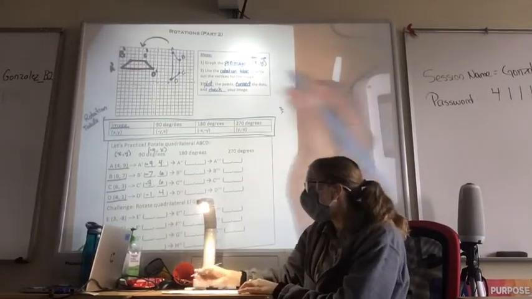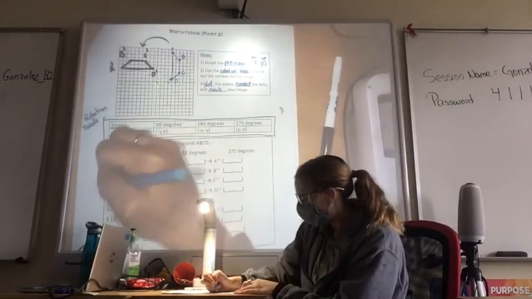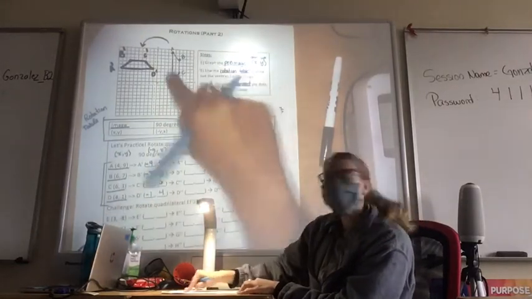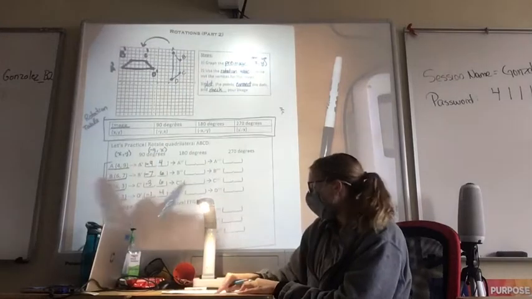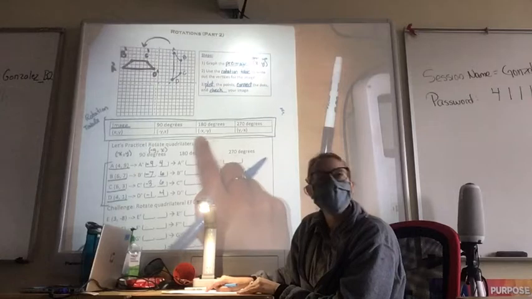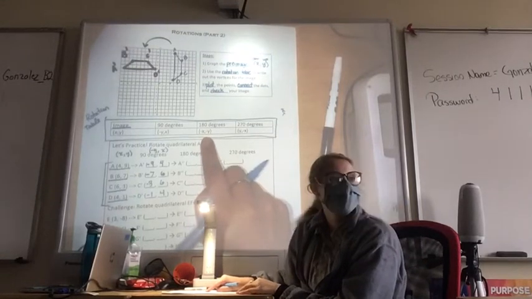With 180 degrees, we start with the pre-image, the original points, these original ones that we already plotted. We're going to keep the x value and the y value in the same place, but we make them both negative.